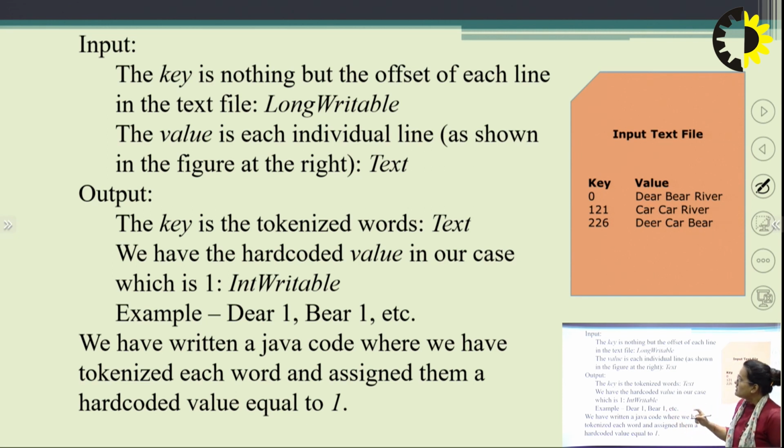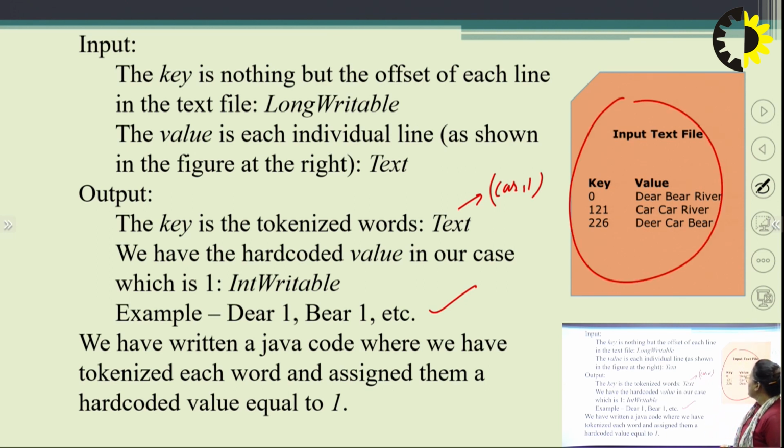The value is each individual line, and the output will be, the key is the tokenized word, car comma 1 is the output. We have the hard coded value in our case, which is 1. We have written Java code where we have tokenized each word and assigned them a hard coded value equal to 1. So output will be like this: key and value, key and value.